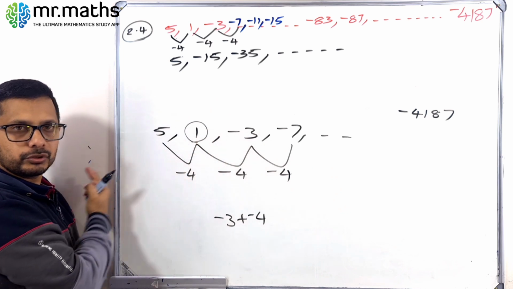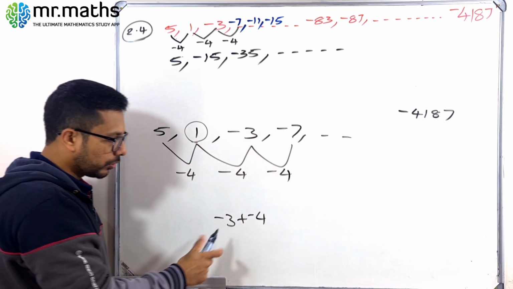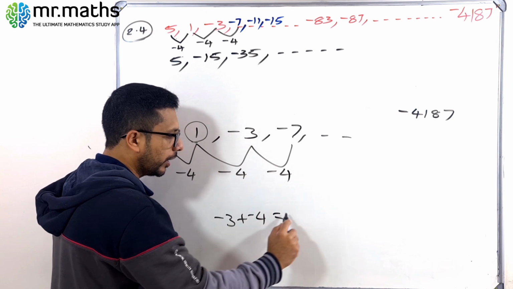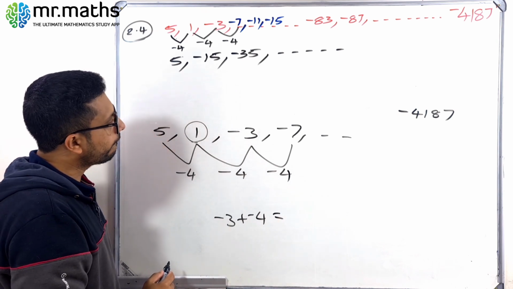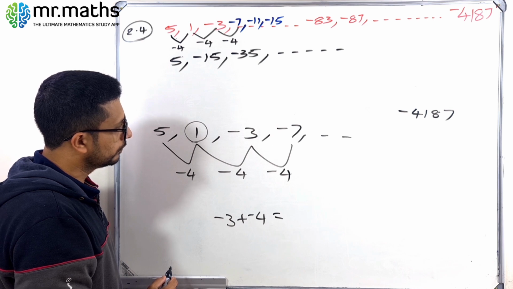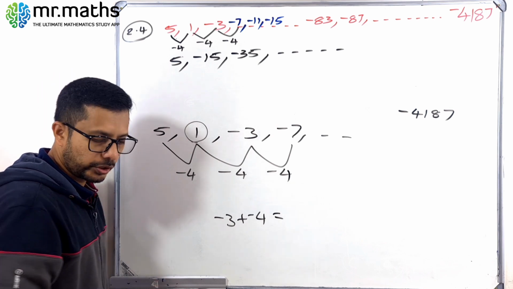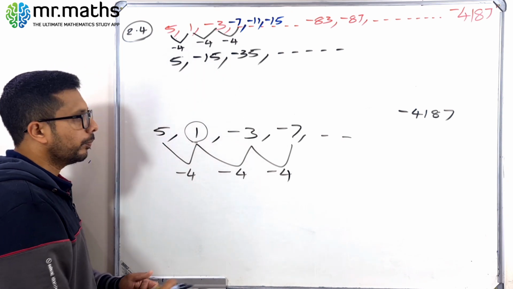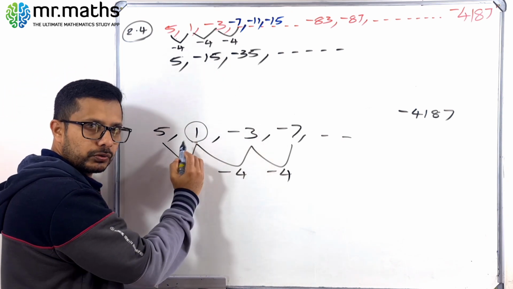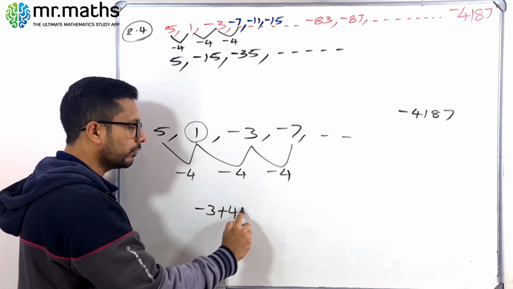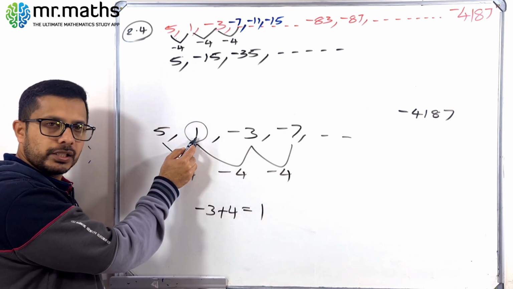So now I'm trying to come back to this side. Minus 3 plus 4, to this side it is adding. Okay, so minus 3 plus 4, what is the answer? It is 1, that is this one.